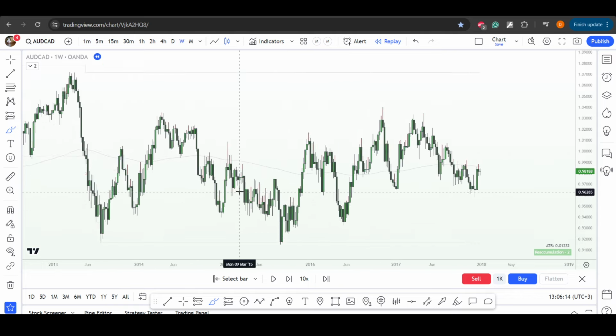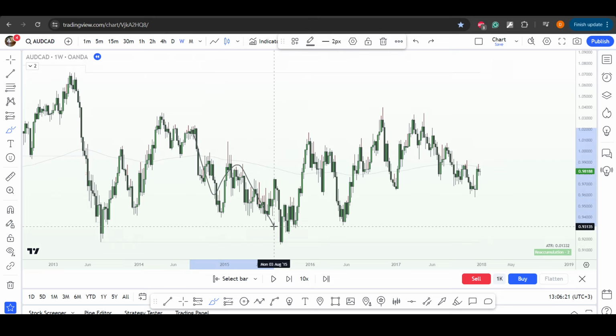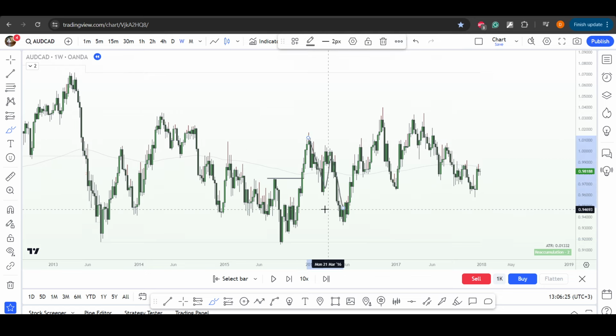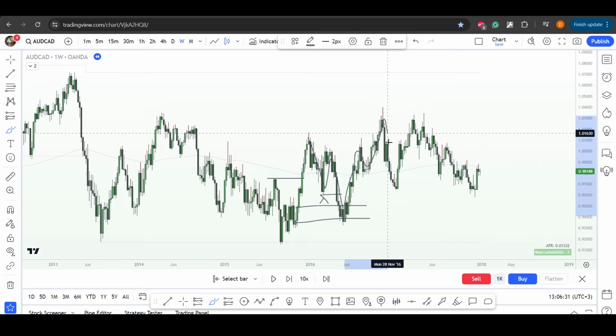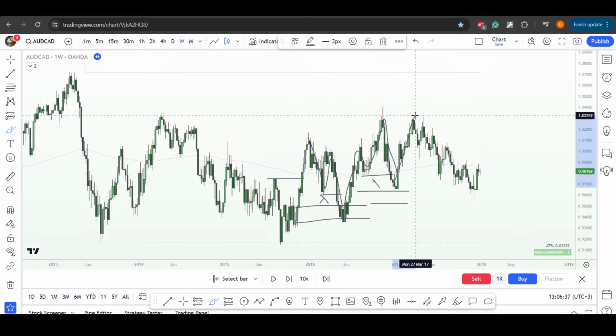On the weekly, on one hand we see this bearish development, yes, and the market was moving to the downside. However, then it broke this high and then tapped into deeper zone, took out this high, continued bullish, took out this high, tapped into the zone, tried to continue bullish, didn't continue, took the high, tapped into the zone, but didn't continue to the upside.